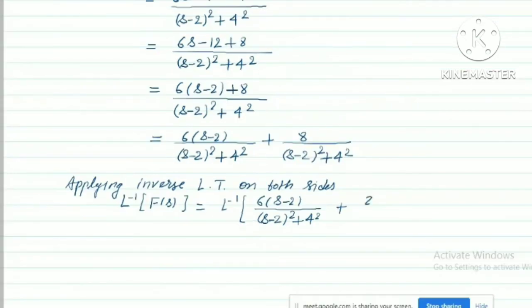The next term is 8 upon s minus 2 whole square plus 4 square.